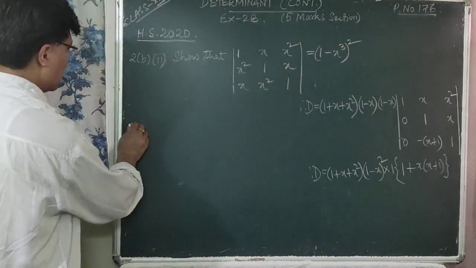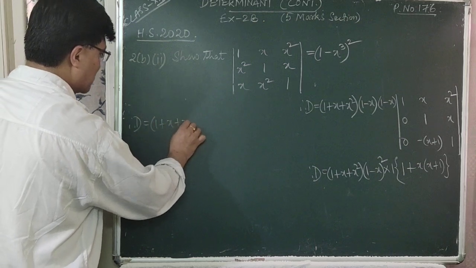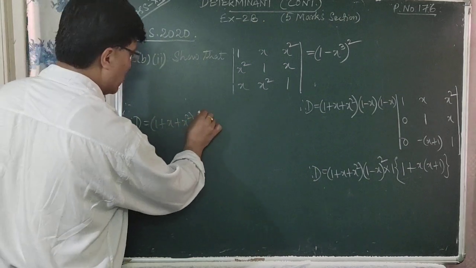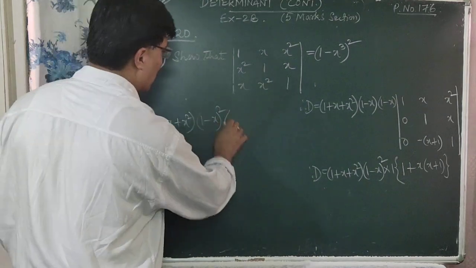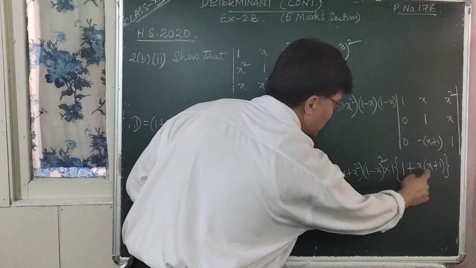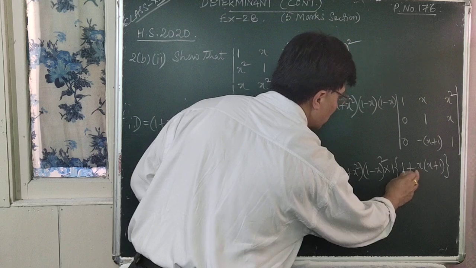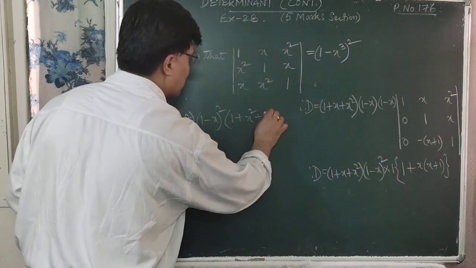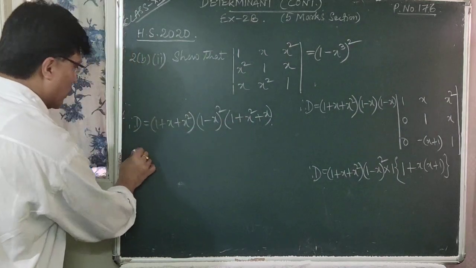So now D is equal to 1 plus x square into, this is 1 minus x whole square into, now within bracket write down 1 plus x into x, now multiply x into x square, plus into plus, x ones are plus x. Okay, so this is also 1 plus x square.